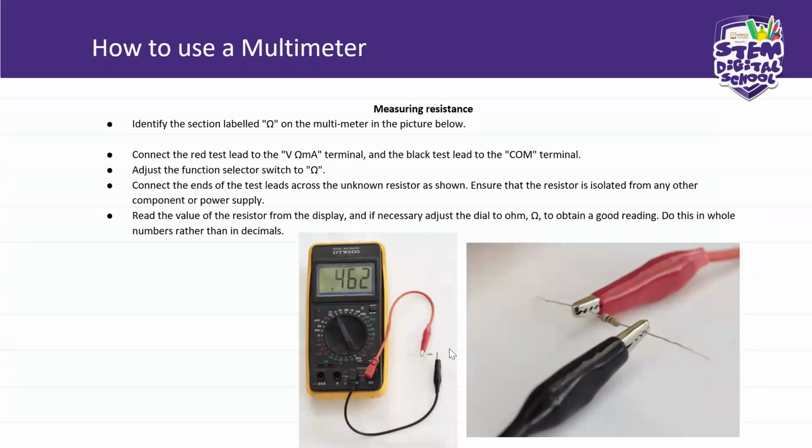And then that's where you will get the reading on the screen of the multimeter. So I have a question. What two tools can you use to measure current? There are two tools you can use to measure current. Can you name those tools?